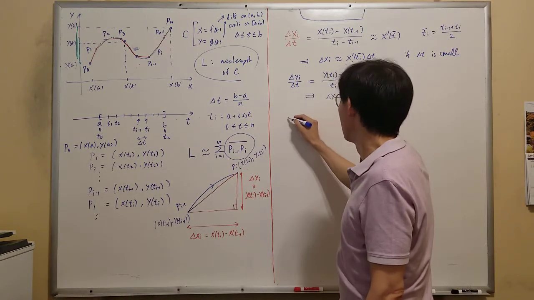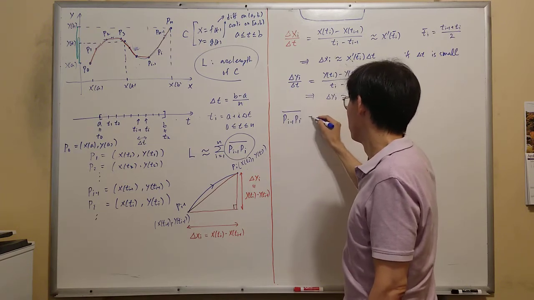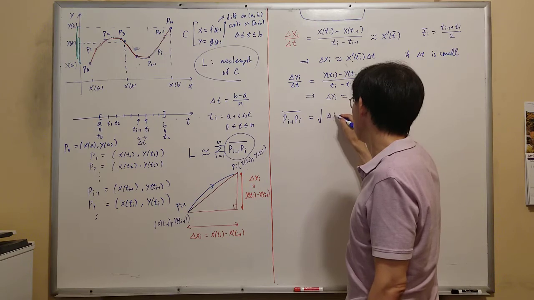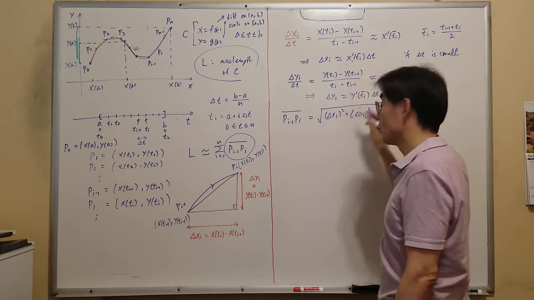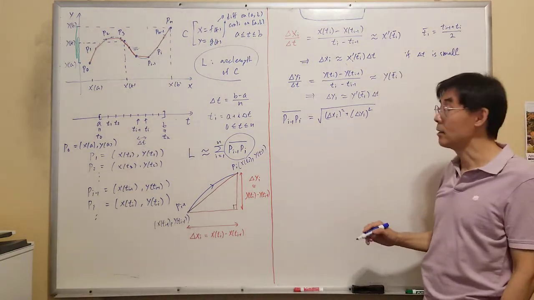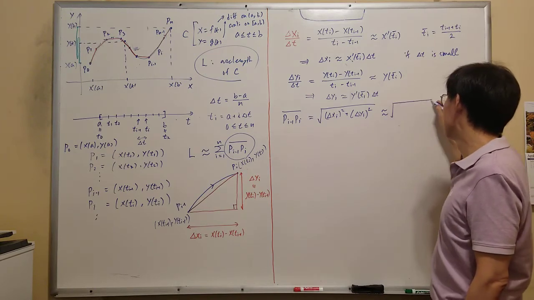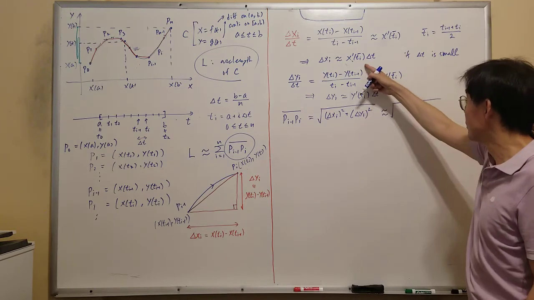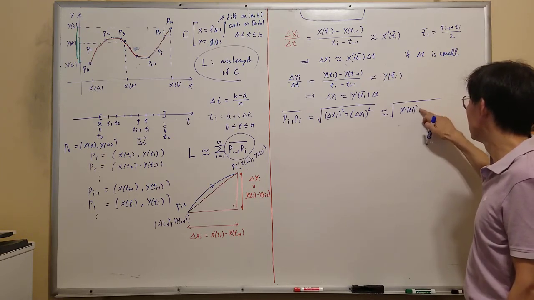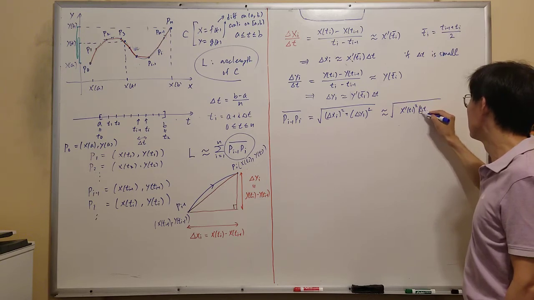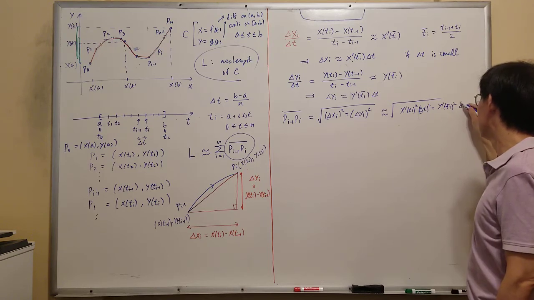So, your length from P i minus 1 to P i is the square root of delta xi squared plus delta yi squared, by the Pythagorean theorem, which is in turn a very, very good approximation. The approximate value is the square root of x prime of ti bar squared delta t squared plus y prime of ti bar squared delta t squared.